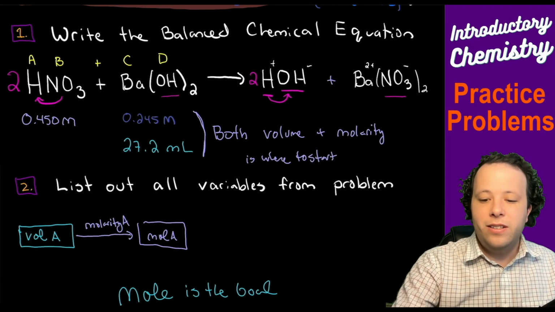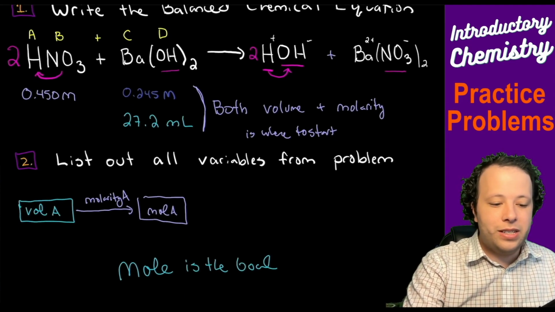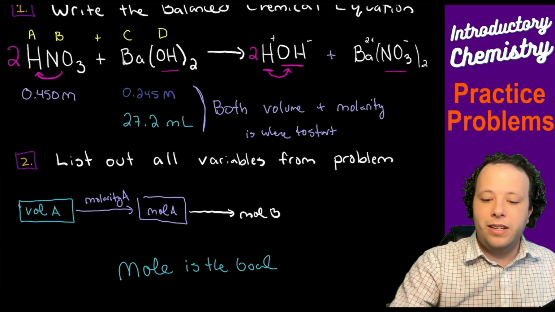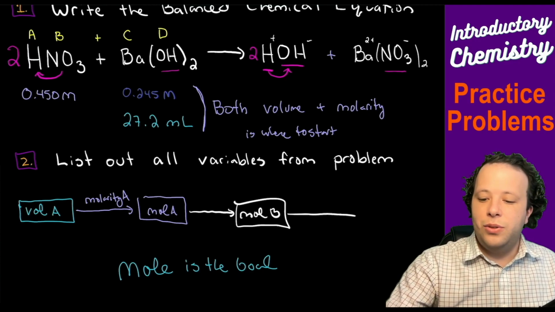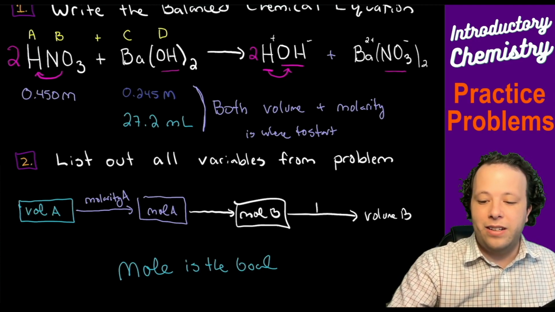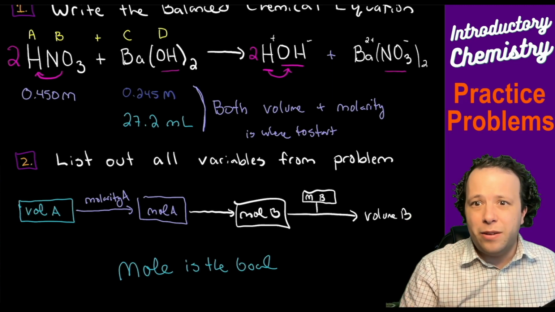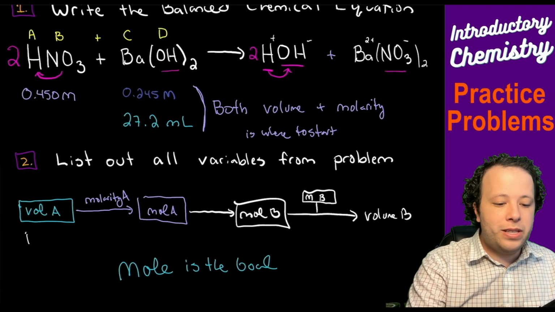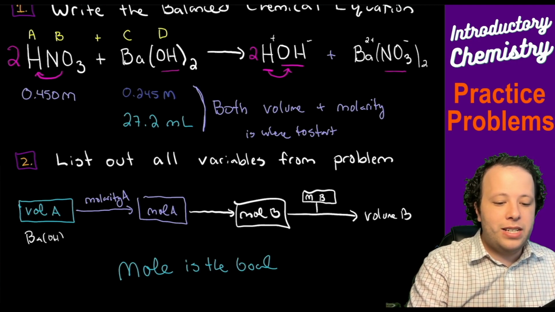When we do that, we can then convert it to moles of B, which we can then convert to volume of B using the other molarity. Typically you're given one, maybe potentially two concentrations here. So we'll use the other molarity to do that, which was our HNO3. The thing we're going to start with is barium hydroxide. So that is where we will start.